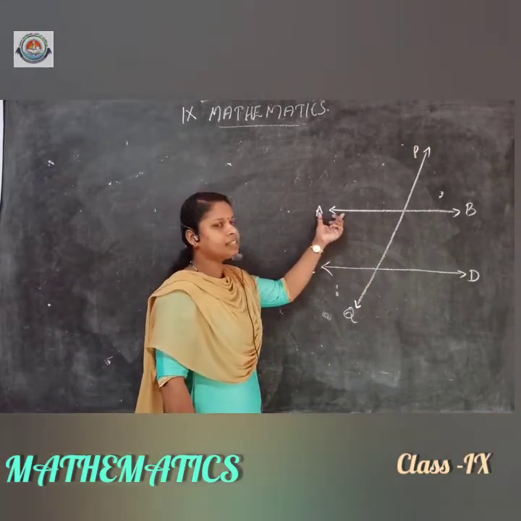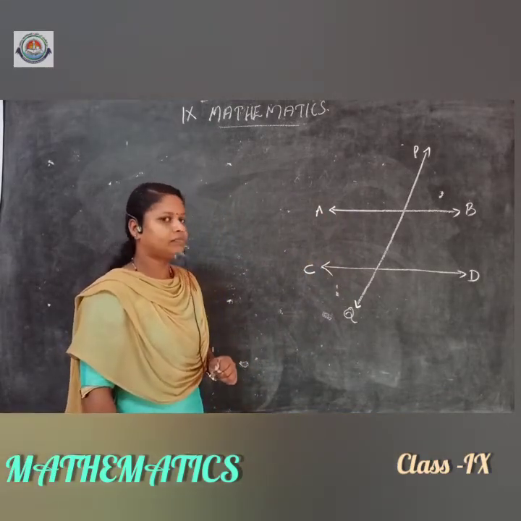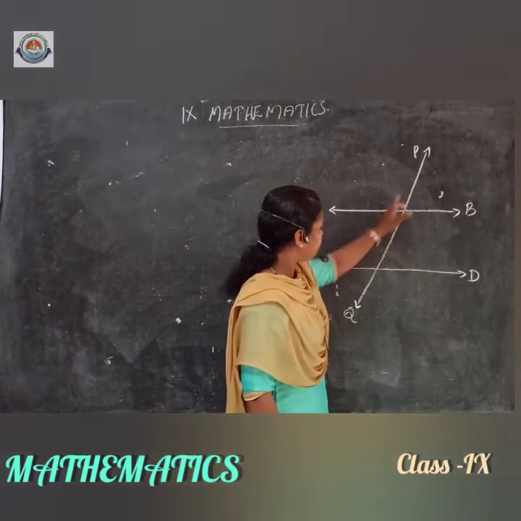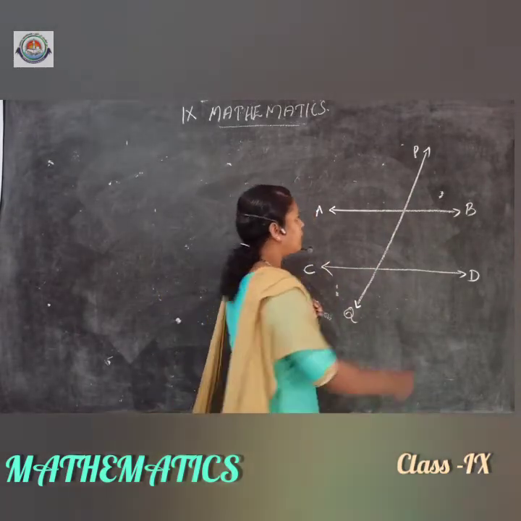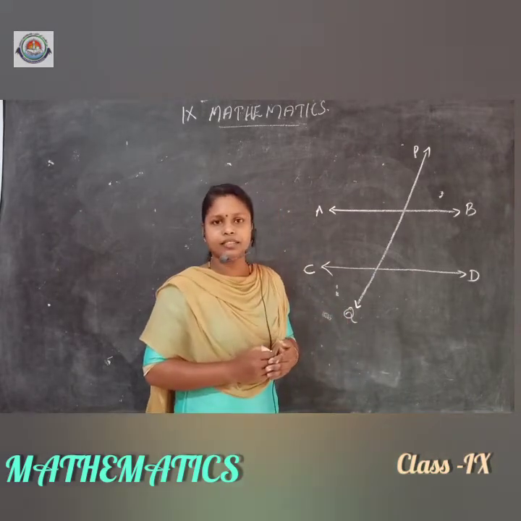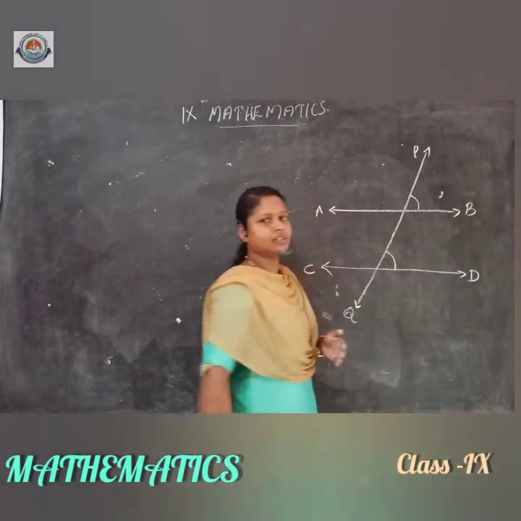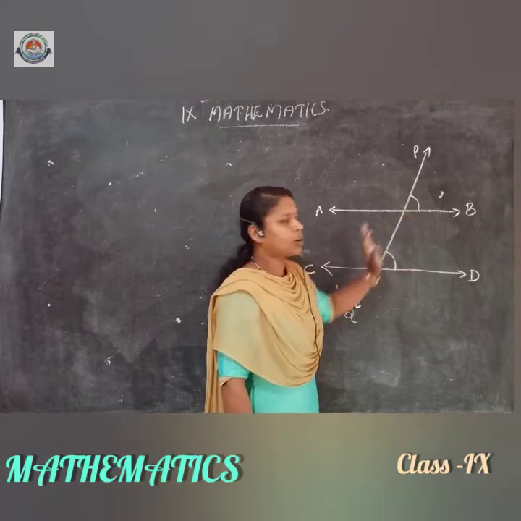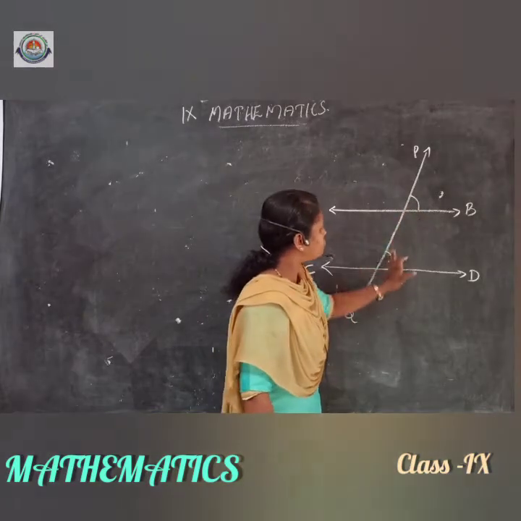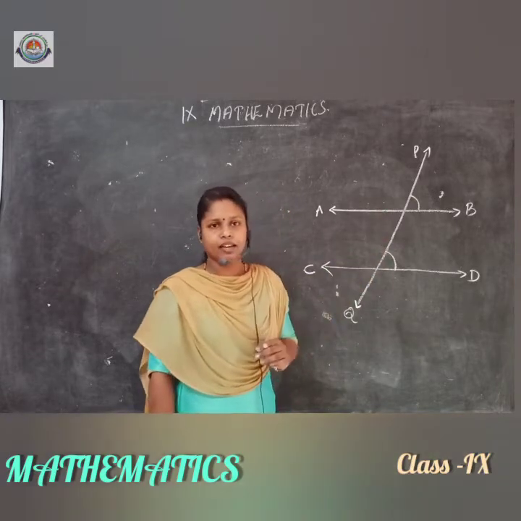Here we have two lines AB and CD, and PQ is the transversal. Different pairs of corresponding angles are there, but we can take any pair. I am taking this pair. If these two corresponding angles are equal, we can say that these lines are parallel.